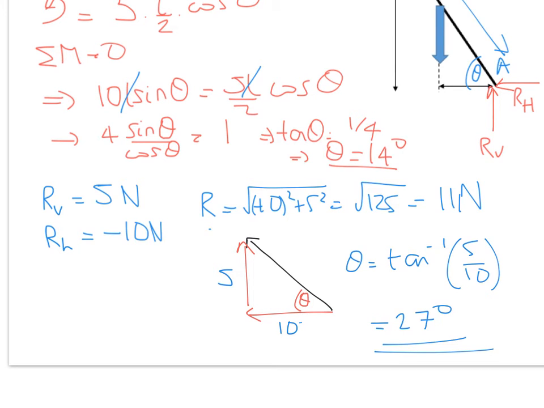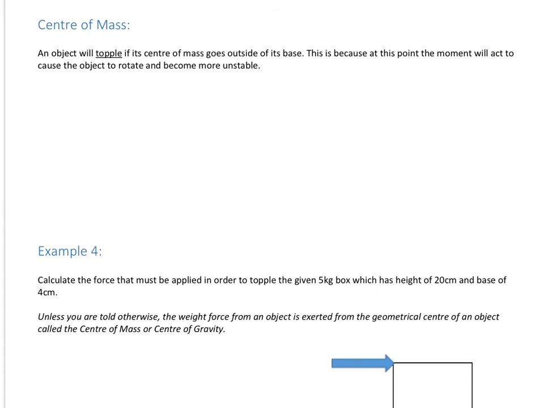Okay, so that's how you can essentially use moments to solve angled equilibrium problems. So let's move on to look at the centre of mass and some toppling. Okay, so an object topples if its centre of mass goes outside the base. So if we have an object that's on a slope, and it's an object like this, and its weight force acts from its geometrical centre.